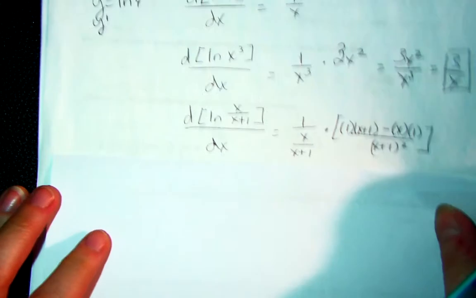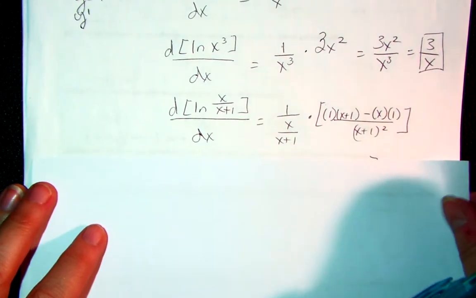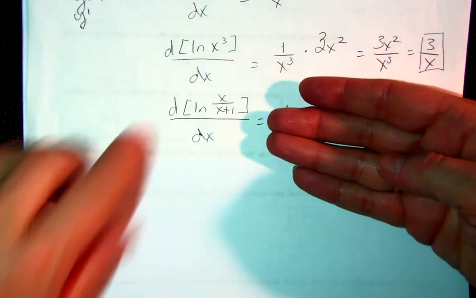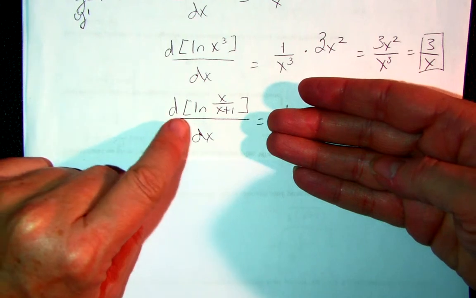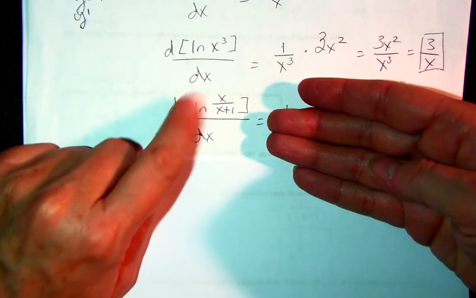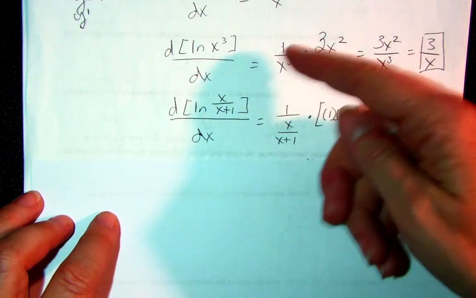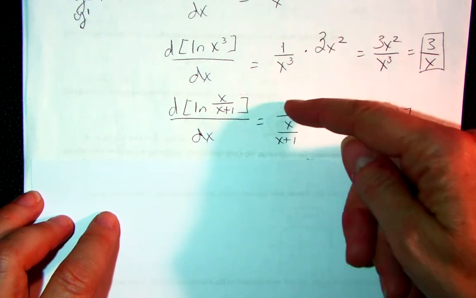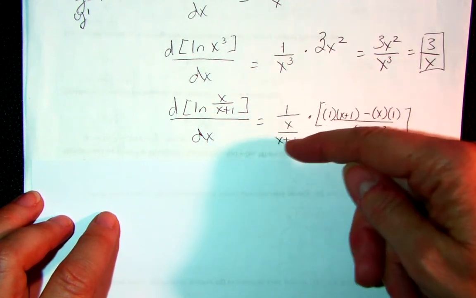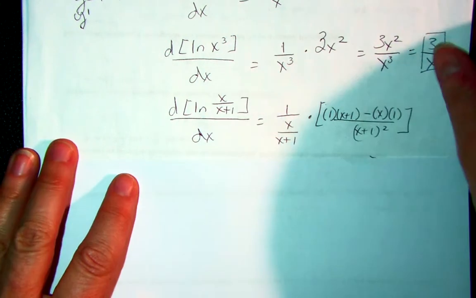Let's take a look at this one. The derivative of the original function, which is the natural log of x over x plus 1. I'm going to treat it similar to this, 1 over x plus 1, very similar to this top one here.